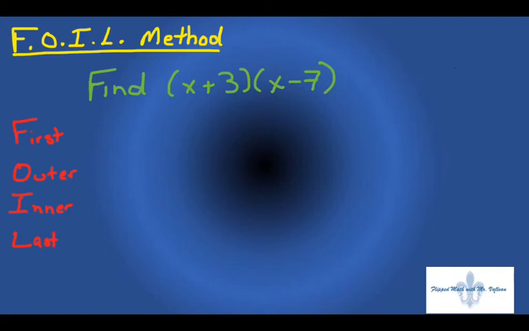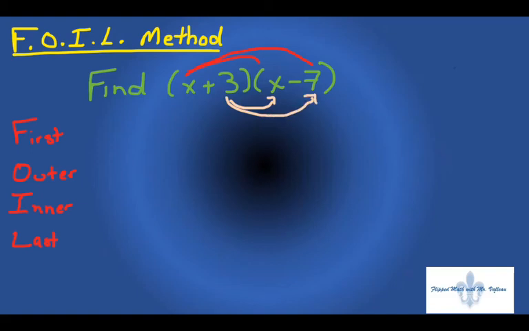Essentially, we multiply the first terms together, then the outer terms together. If you notice, what we've done is distribute the x from the first polynomial into the second. So we've done the first and the outer, then we do the inner terms together, and finally the last terms.